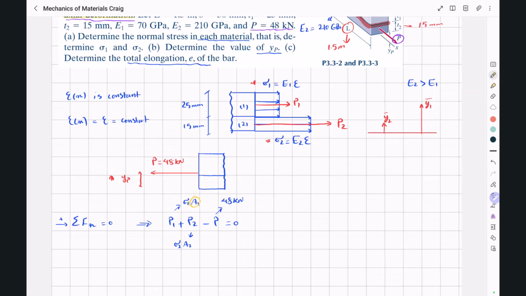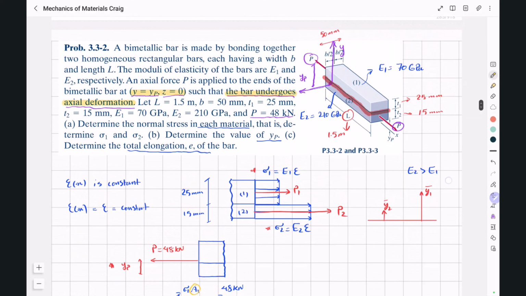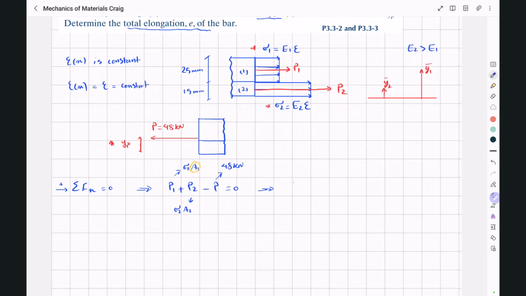This A1 is this thickness multiplied by this width, so the area of the cross section for material number 1, and A2 is this cross section, which is T2 multiplied by this B. So here we can write sigma 1 A1 plus sigma 2 A2 is equal to 48 kilonewton.